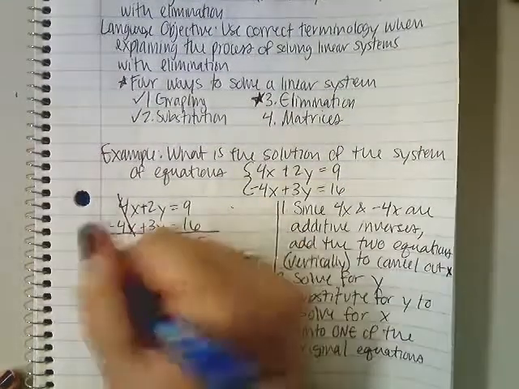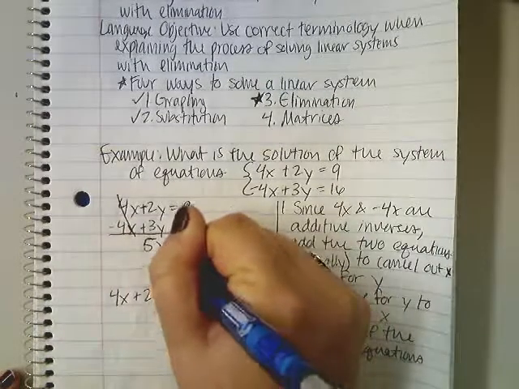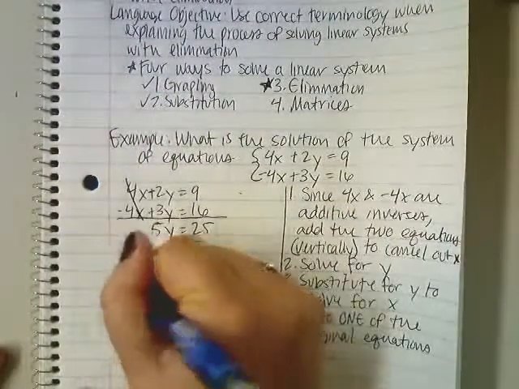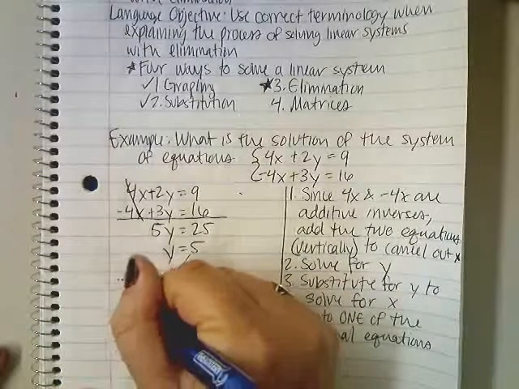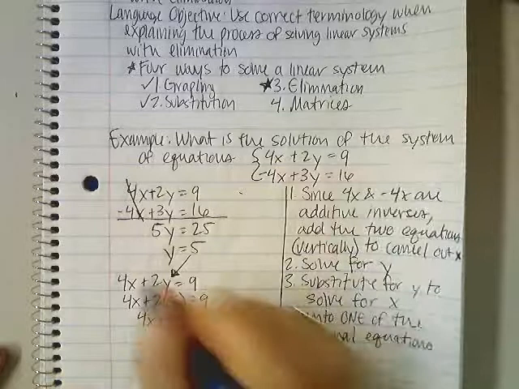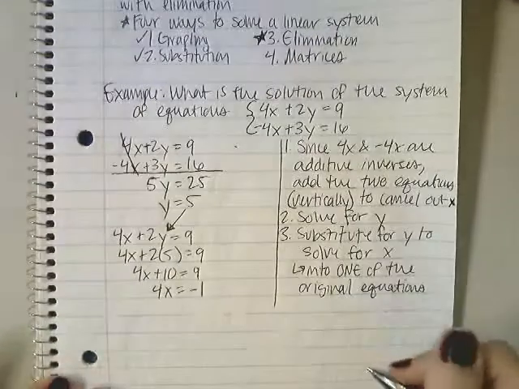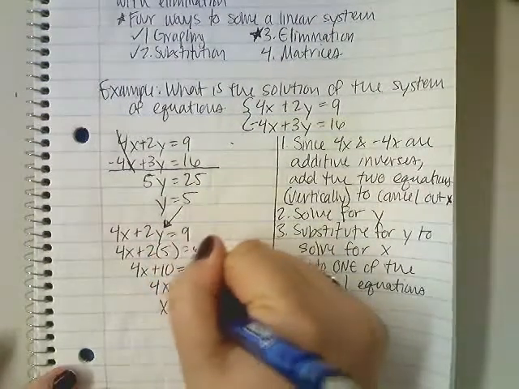I'm going to use the positive 4x plus 2y equals 9. So I'm plugging in 5 for y there, and I get 4x plus 2 times 5 is equal to 9, which then I get 4x plus 10 equals 9. I subtract 10 from both sides, and 4x is equal to negative 1. I divide both sides by 4, and I get x is equal to negative 1/4.